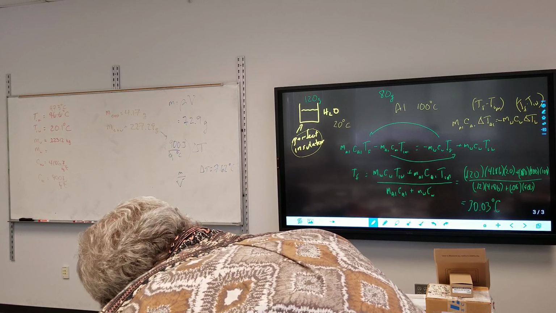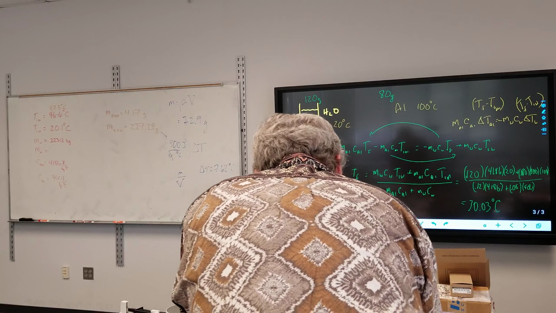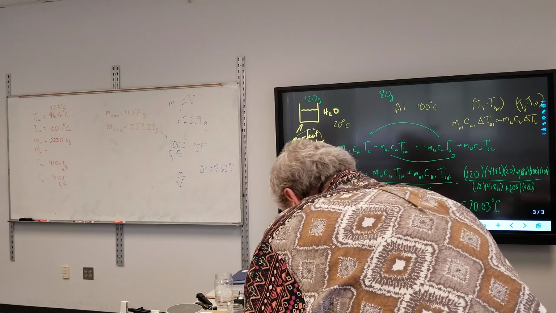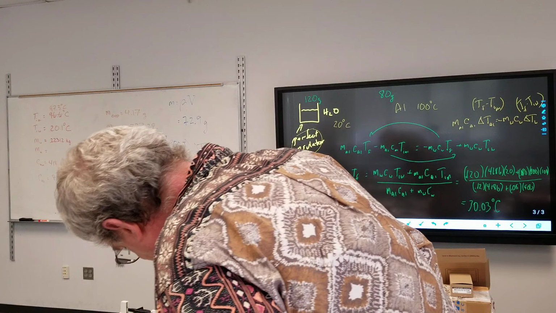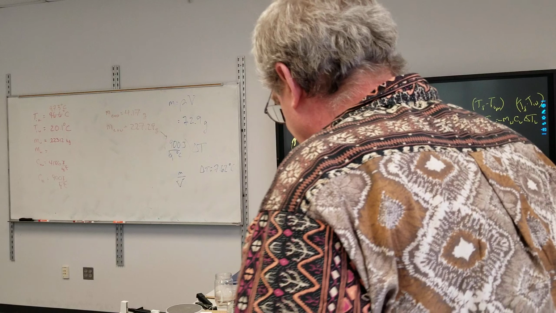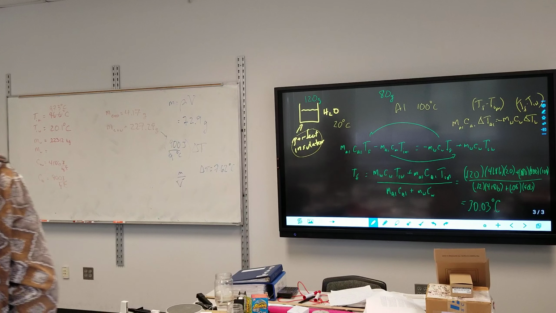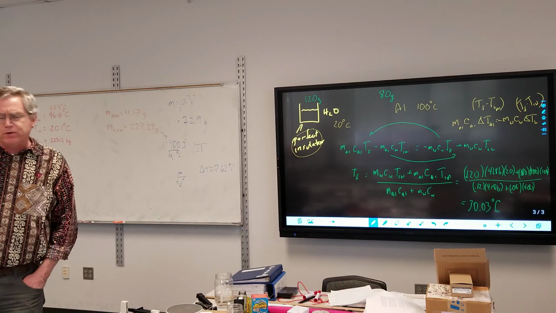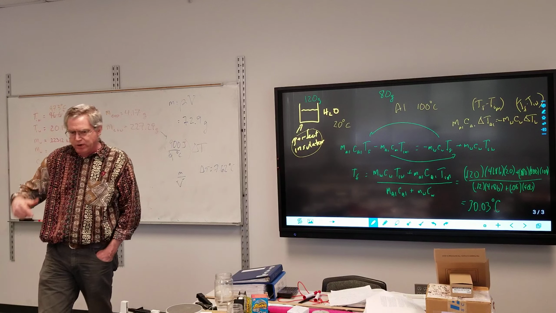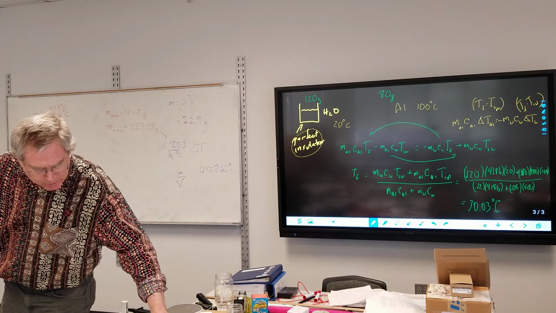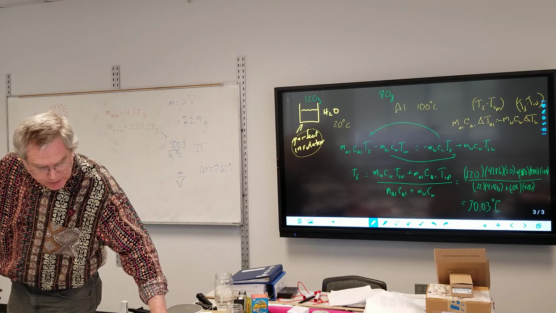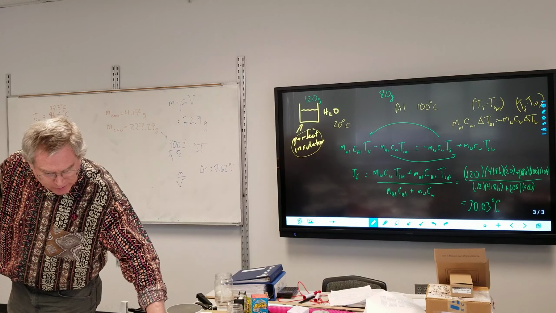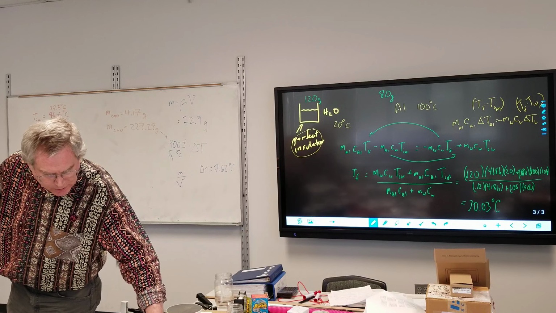No, it's still going. Now, if we had it on the meter screen, we could just keep looking at it and see where it peaks. Doing it this way, we don't have to pay as much attention, and then we'll just see where the maximum temperature is. And shake it around a little bit to sort of mix the water up.